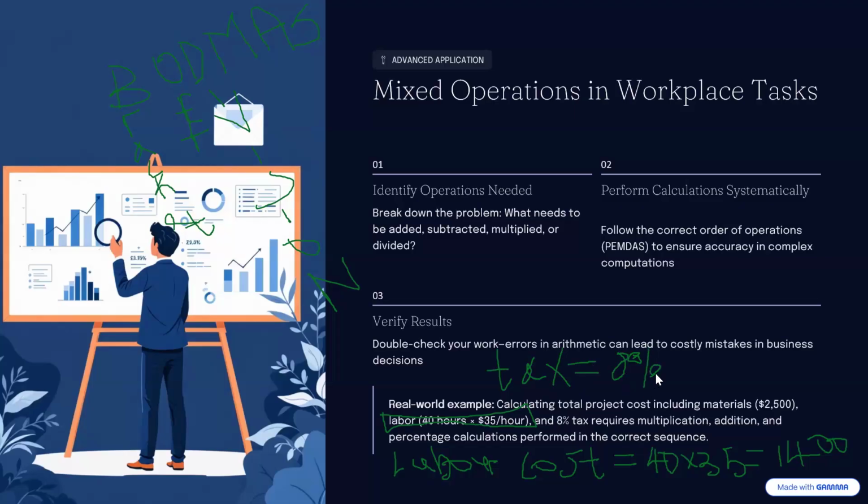It's true that we are going to learn how to do fractions and percentages later, but let's just do it here now. If you have a calculator, press 8% and multiply it by 2,500. What's the answer?